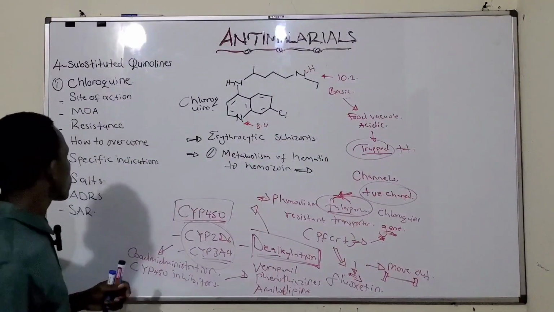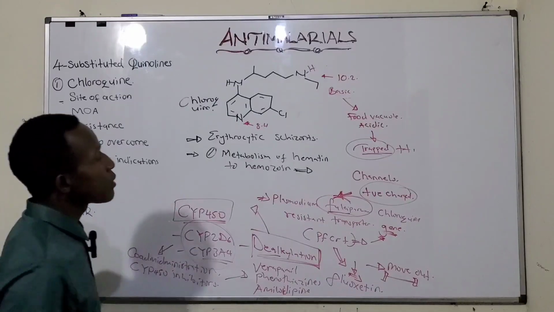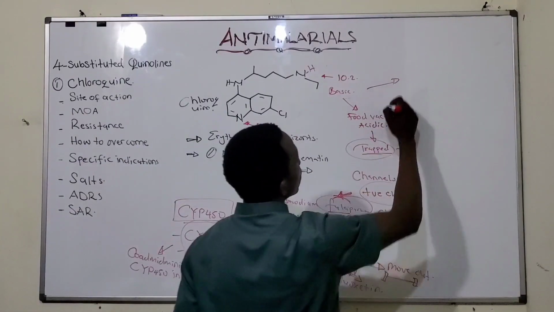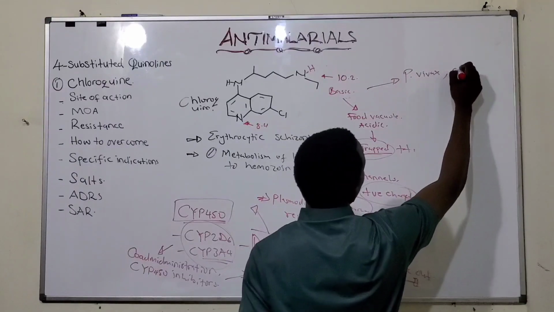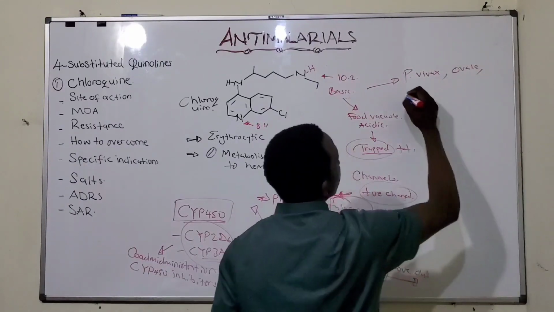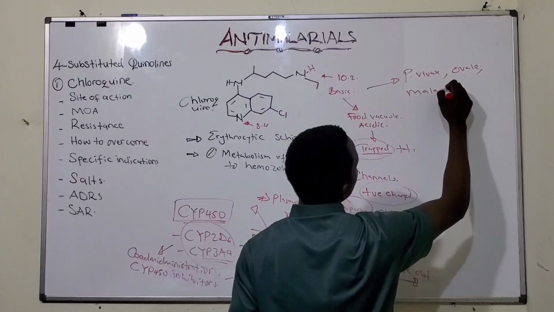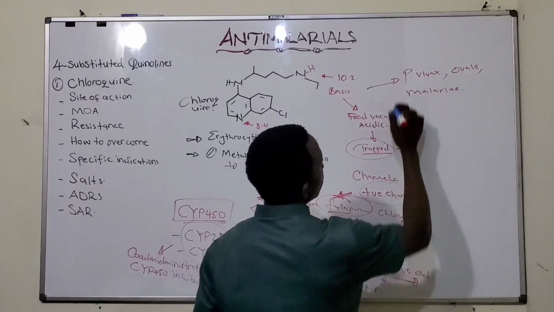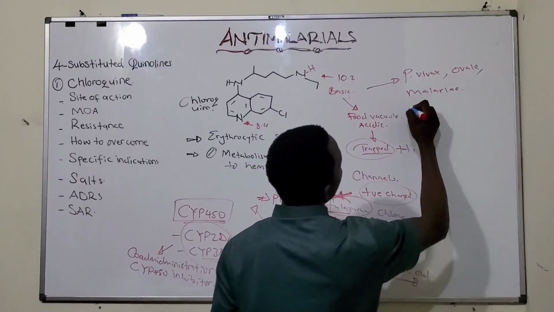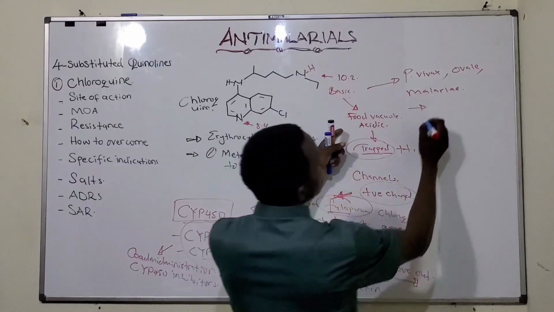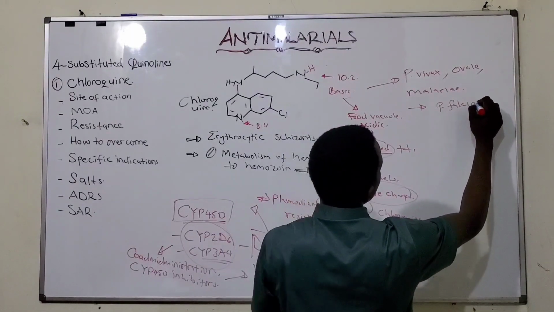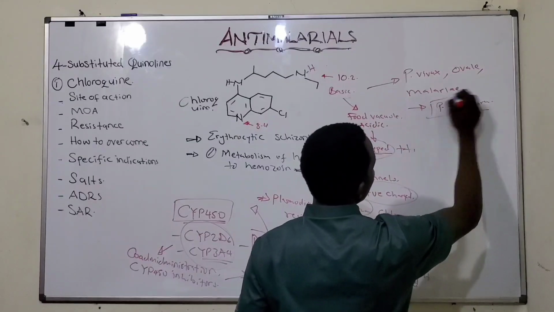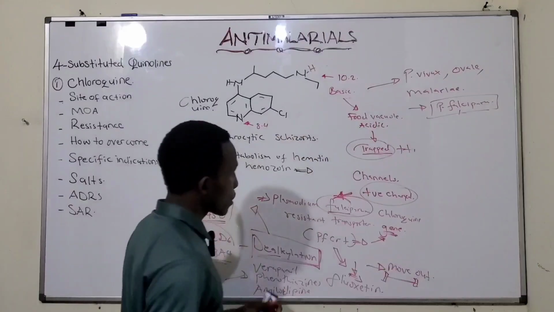Now for the indications, chloroquine can be indicated for P. vivax and P. ovale malaria, and also for P. falciparum, but for the susceptible strains.